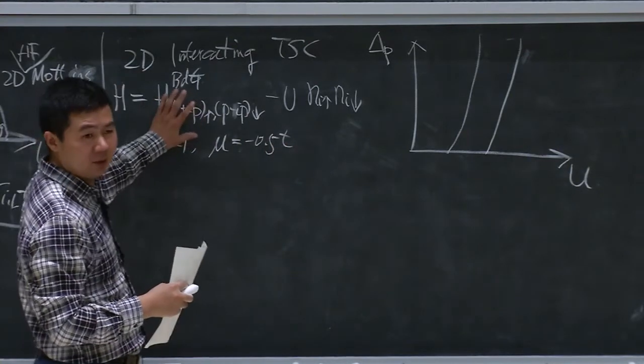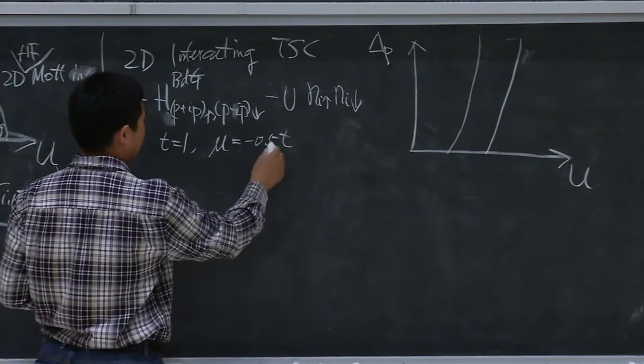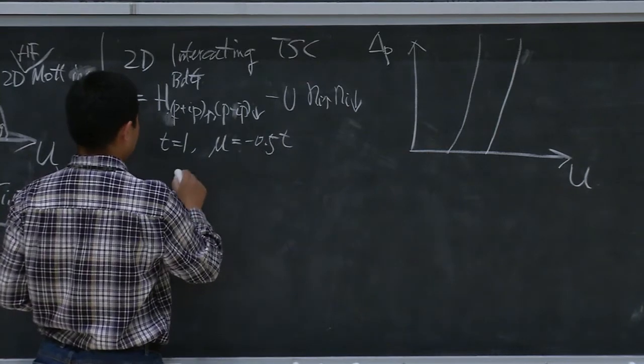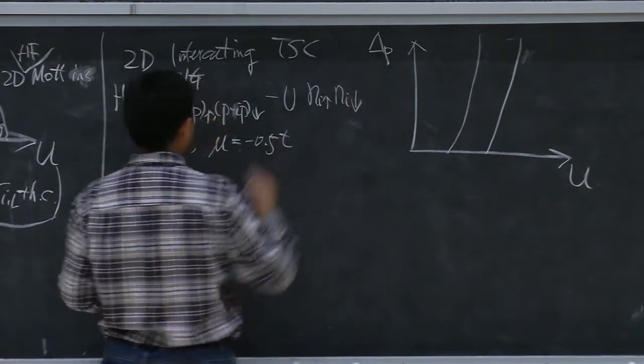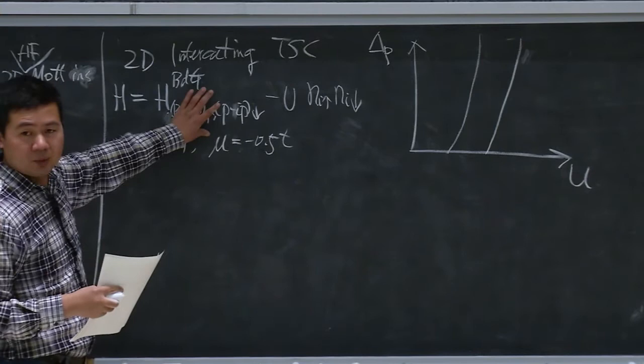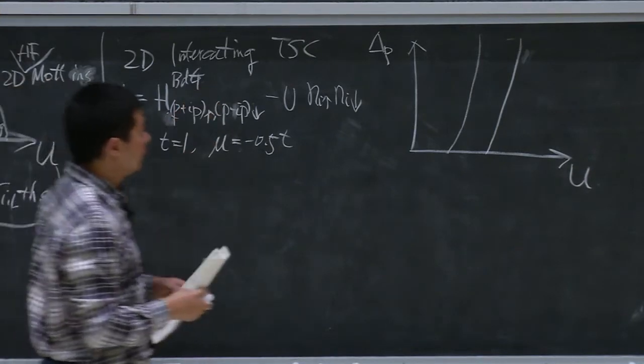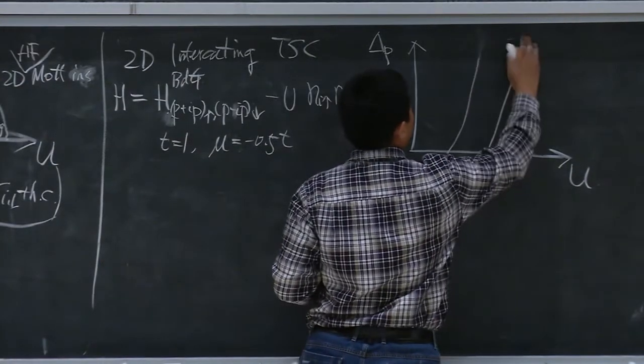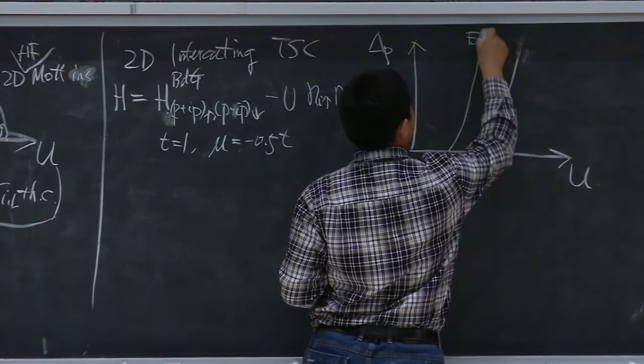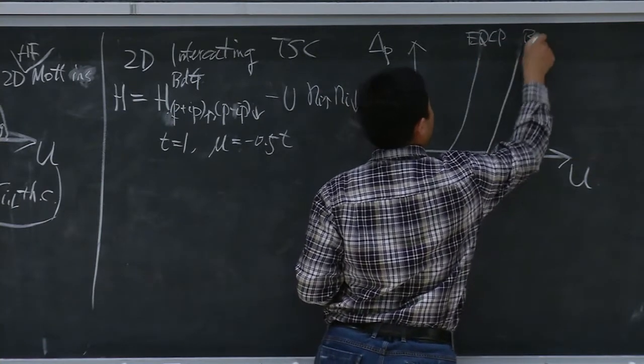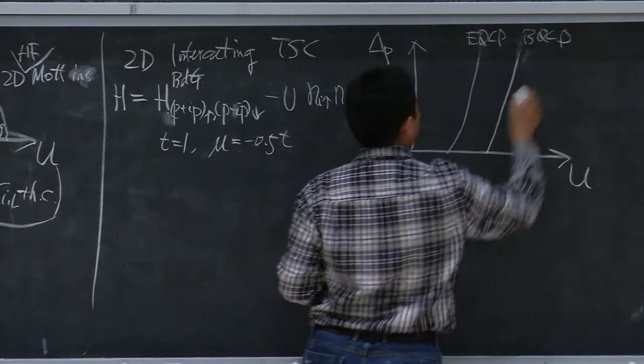The chemical potential is finite. There is a parameter that characterizes the p wave pairing, the p plus ip pairing. And again, there is the edge quantum critical point, and there is a bulk quantum critical point.